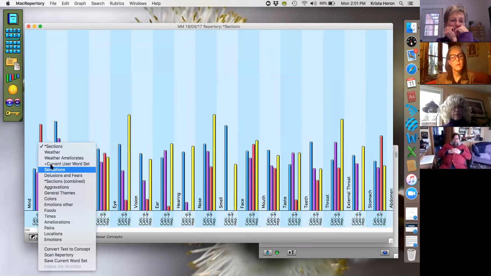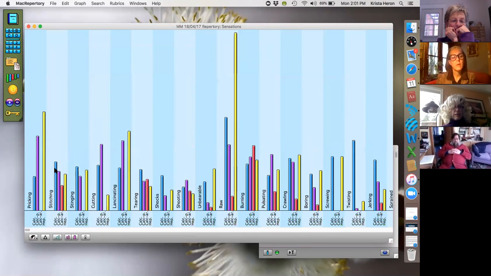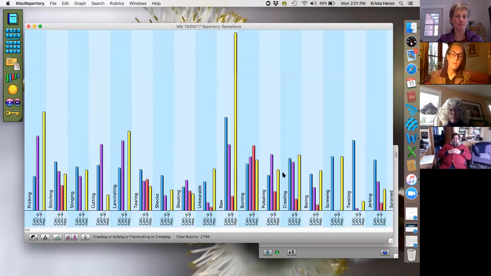So again, you could do the same thing. It will tell you, like, you have again a case where it's a tremendous amount of rawness, and you're sure it's a calcarea, or there's a tremendous amount of twisting feeling. It just helps.